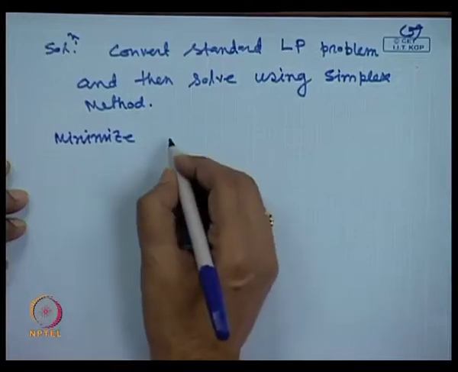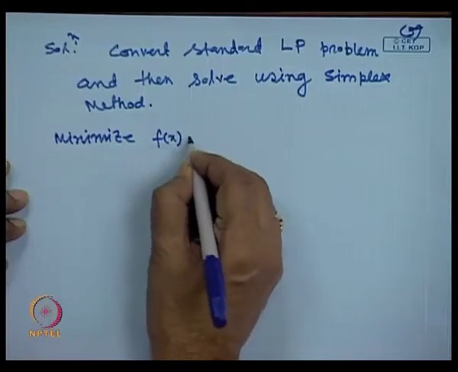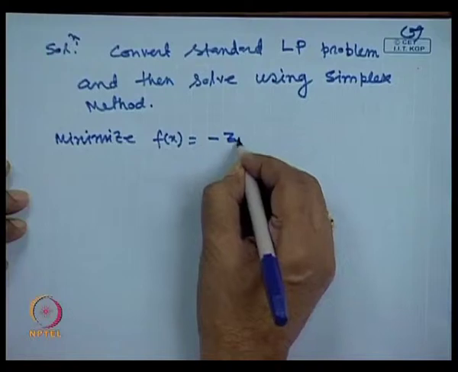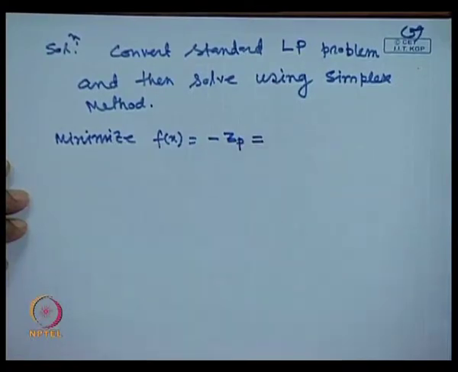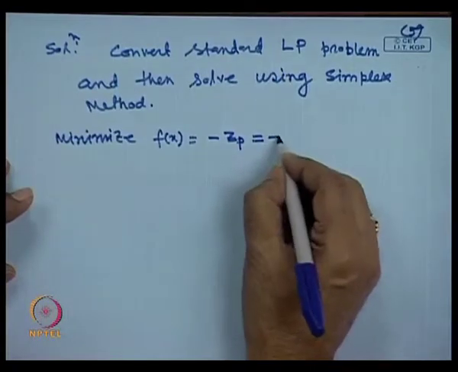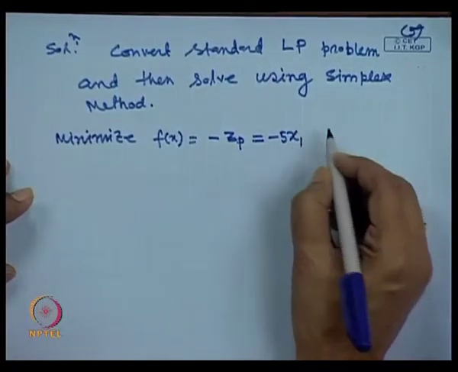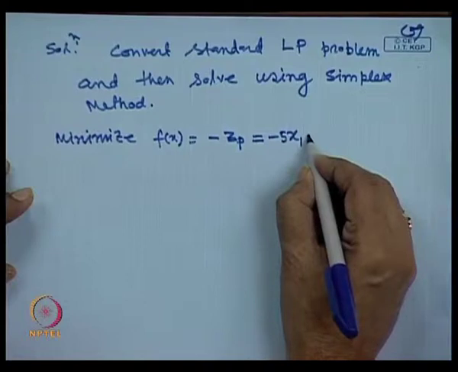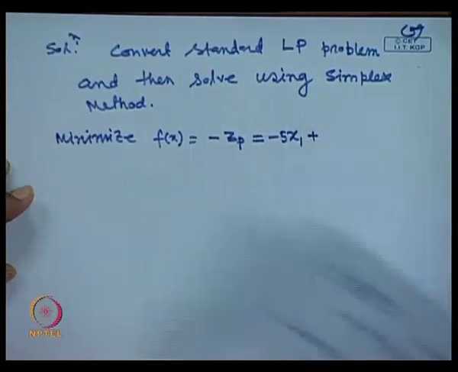So, our standard LP problem is: minimize f of x, which is equal to minus Z, which is minus 5x1, and it will be plus 2x2.